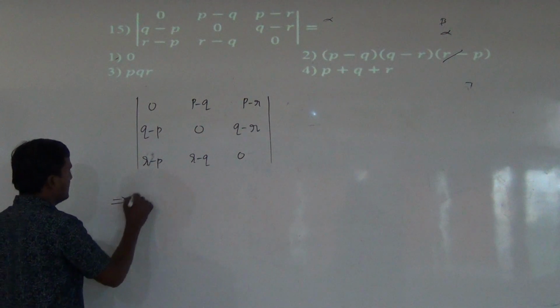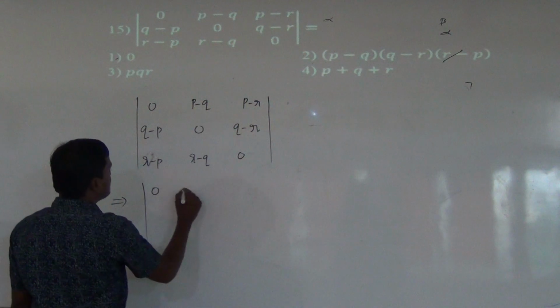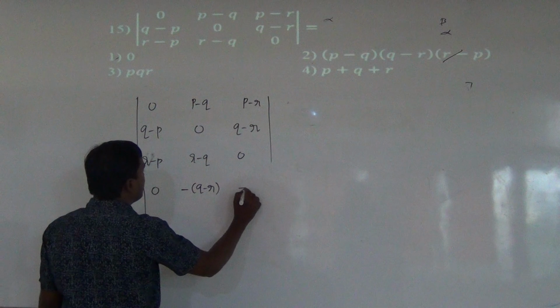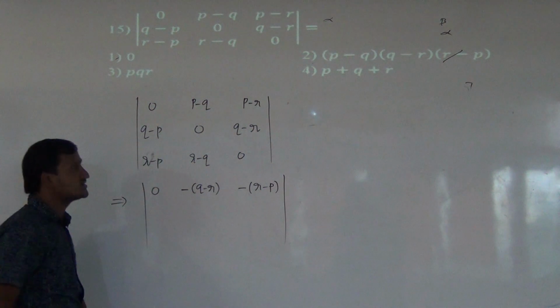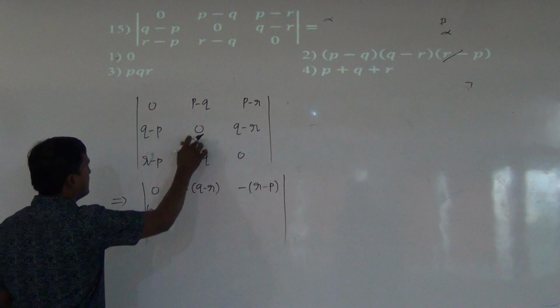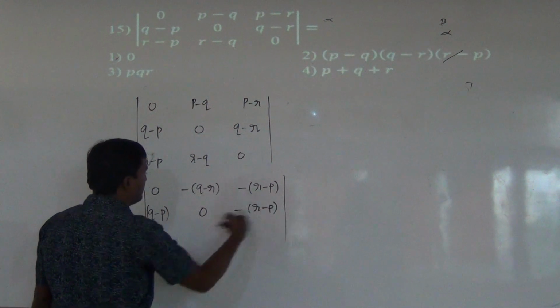So here I will write the determinant like this, 0. I will take minus outside, then this becomes q minus of r. I will take minus common, r minus of p. Is it right? Next, I will write this as it is, q minus of p, 0 as it is. Here I will take minus outside, r minus of p.